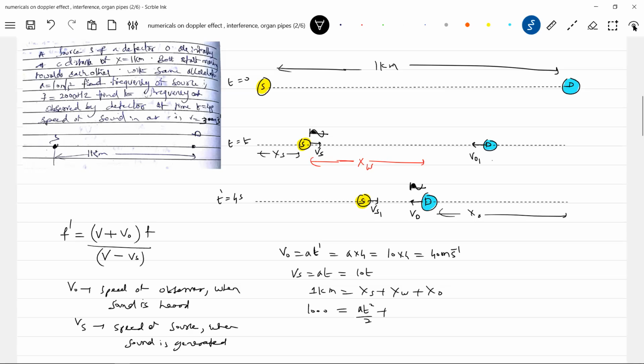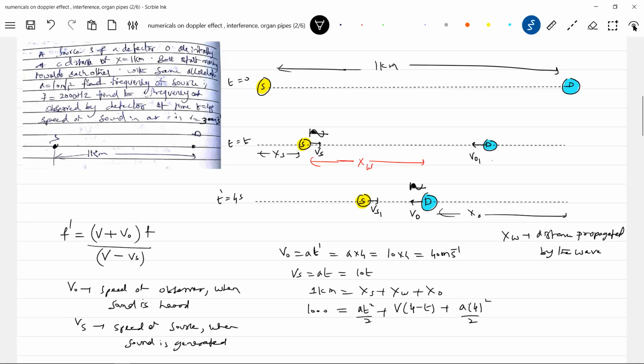What is XW? Distance propagated by the wave. What is the speed of the sound? V into, for what time will the wave propagate? 4 minus T. What about X naught? This will be A into 4 square by 2.